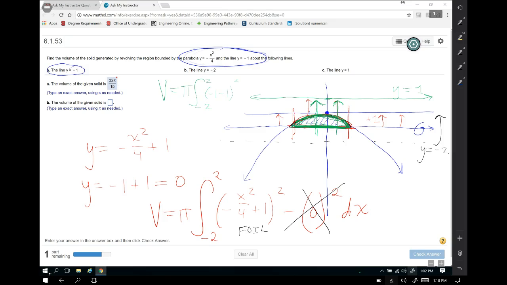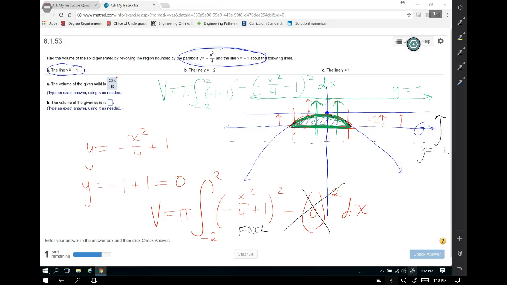So I would subtract 1 from it. And then the inner radius is the parabola, and we also have to shift that down 1. Everything has to be shifted down 1. And then we could probably simplify that a little bit. And then if you wanted to work it out by hand, you'd have to do some foiling, or you could type it in your calculator to finish it out.